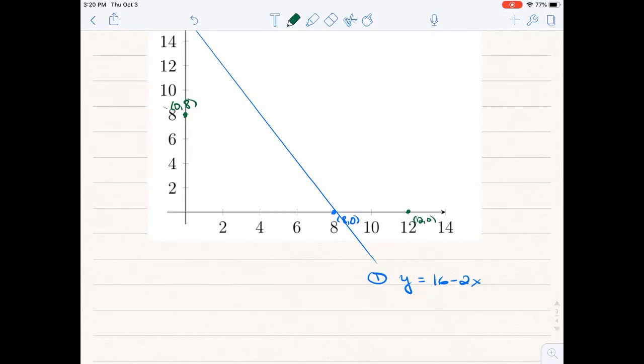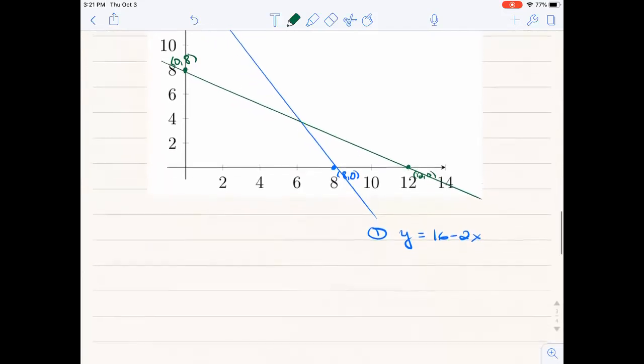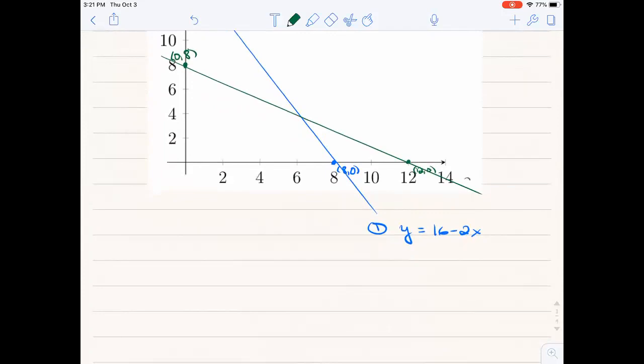All right. Nice. This is equation 2, which we said had the equation y equals 8 minus 2x over 3, right?